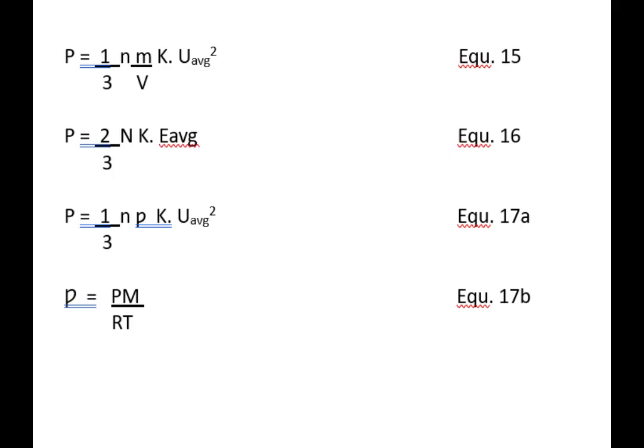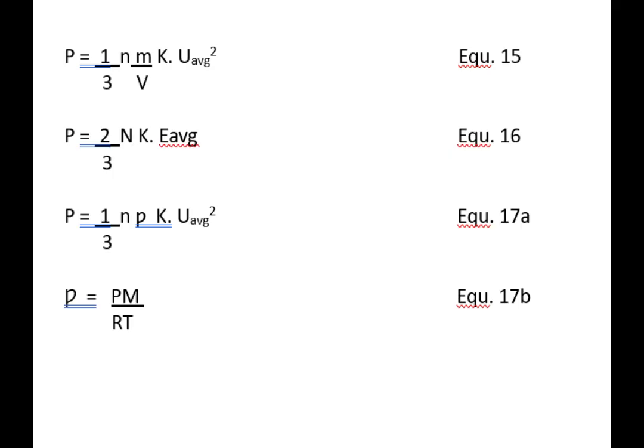Also, from equation 15, if we collect the ratio of mass of the gas, m, to the volume, V, occupied in the container, we obtain the expression for the gas pressure, P, in relationship to its density, ρ, and average velocity, as shown in equation 17a.